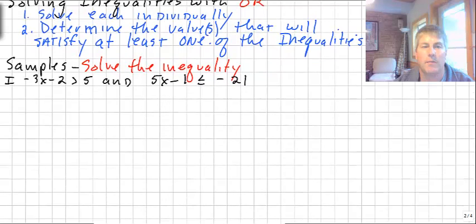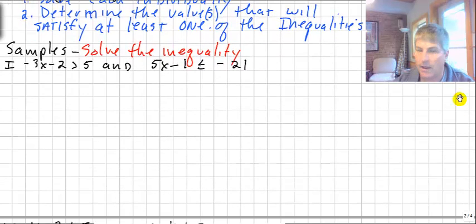Let's solve these samples. Let's take a look at our first one here. It's an "and". It's negative 3x minus 2 is greater than 5, and 5x minus 1 is less than or equal to negative 21. So let's go ahead and solve the left side first.